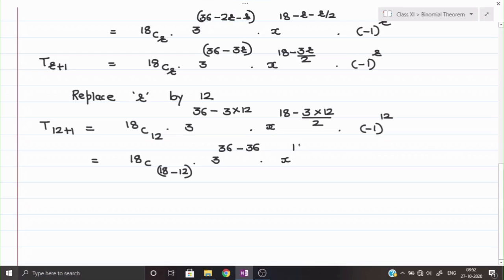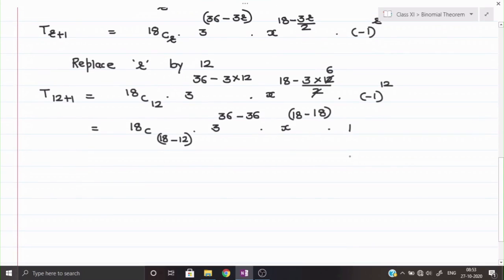That will become 0 afterwards. Into x to the power 18 minus 2 and 12, I can cancel 6 times. So here also it will become 18. Into this will be 1 because the power is even, so minus 1 will become plus. So finally now we will get here 18C6.